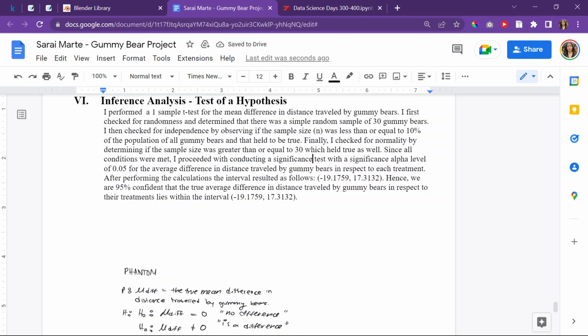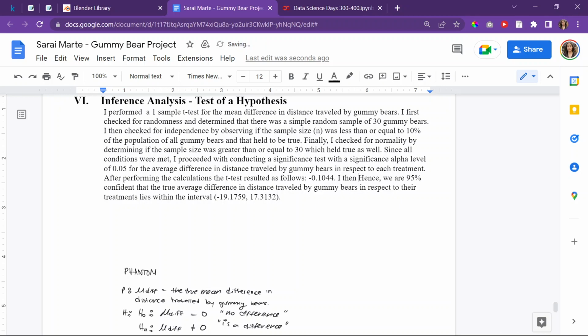After performing the calculations, the t-test resulted as follows. What was it again? Negative 0.1044.